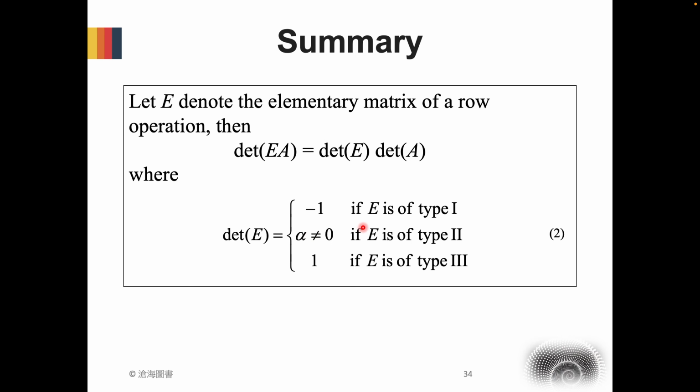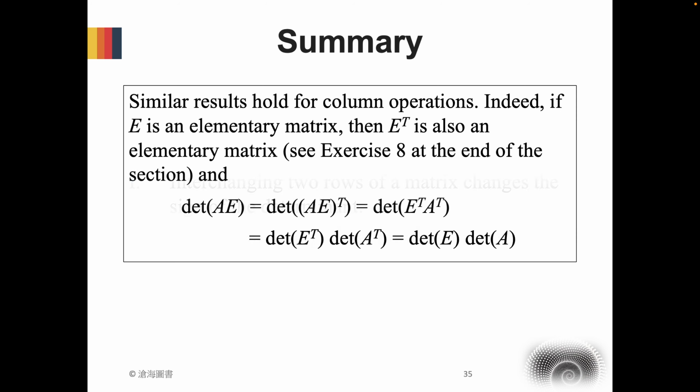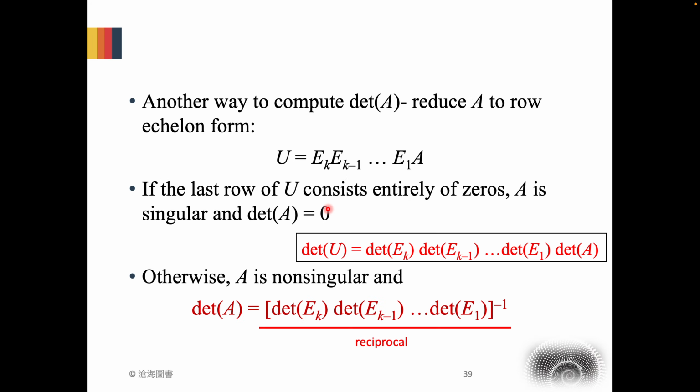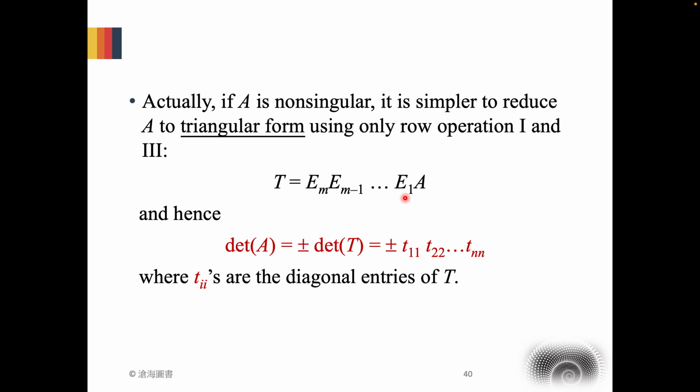So if we only use type 1 or type 3 row operations on A, then the relation between the determinant of T and the determinant of A would be positive 1 or negative 1.